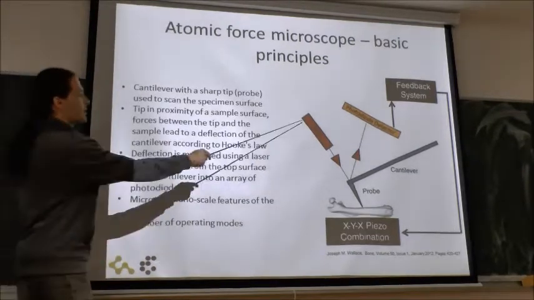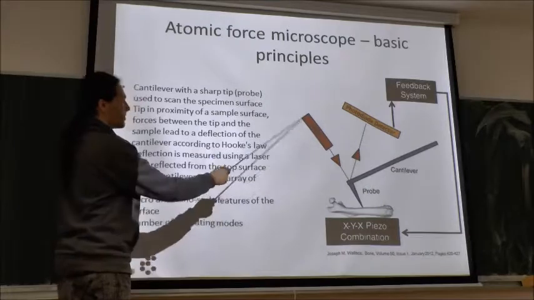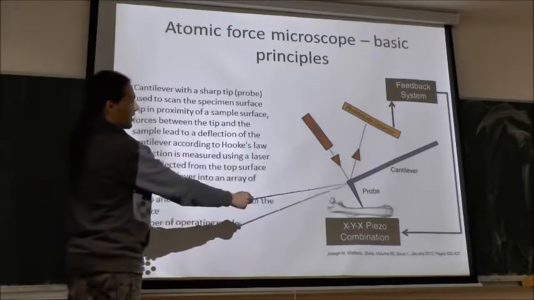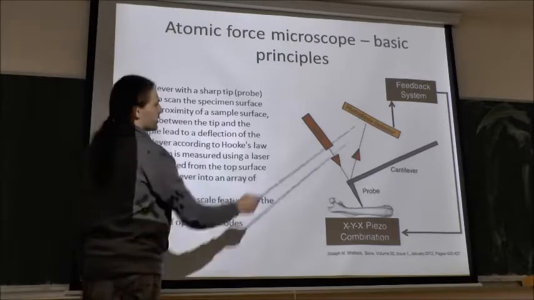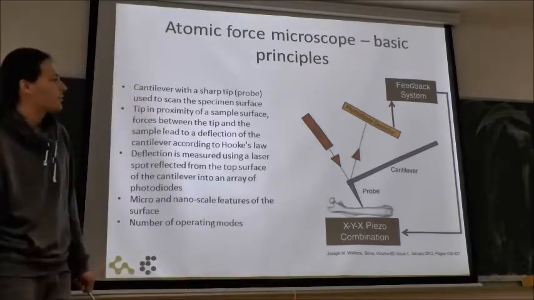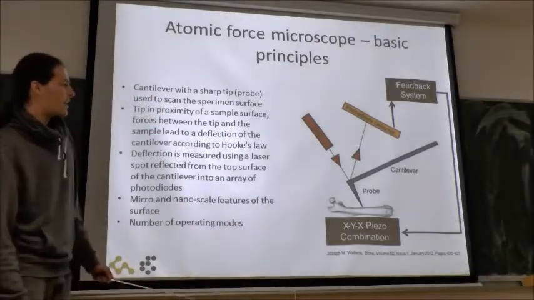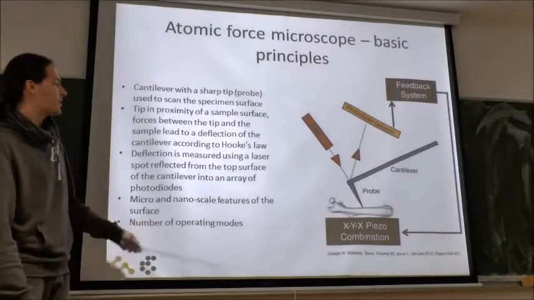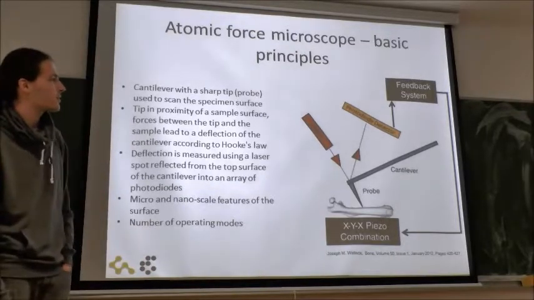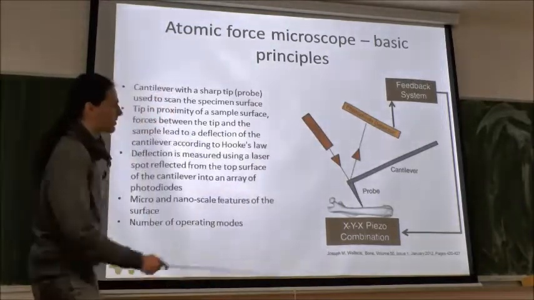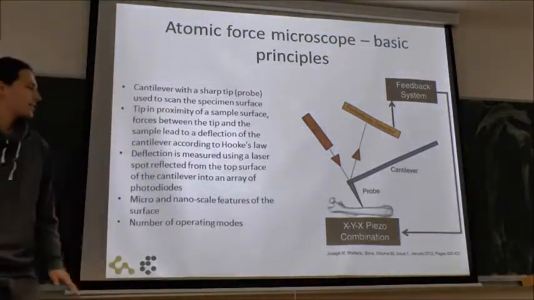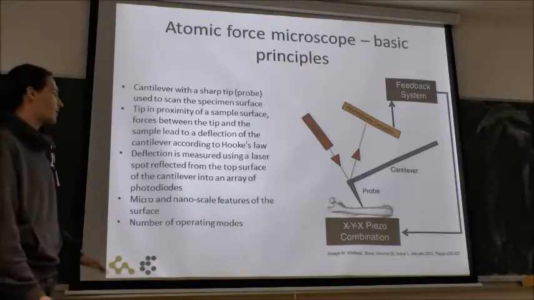We have a laser that shines the light on the end of the cantilever, and then we detect the scattered light on a photodiode. And as the probe and cantilever move, from the detector we have a feedback system to move the scanner up and down and in the XY direction.